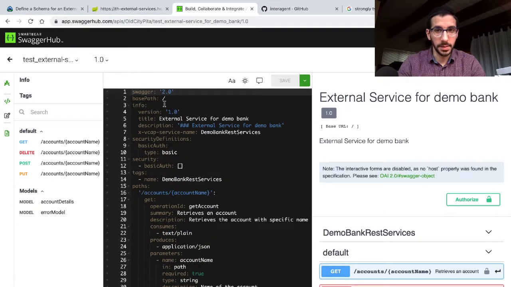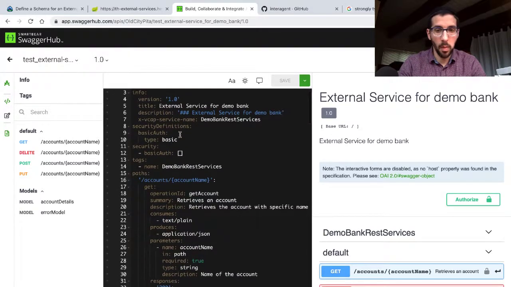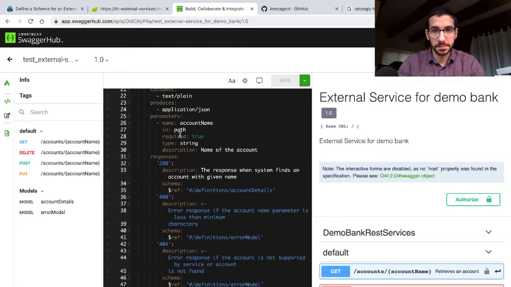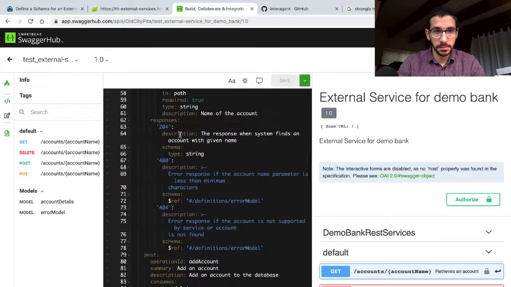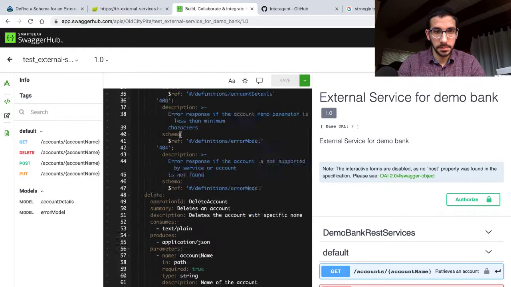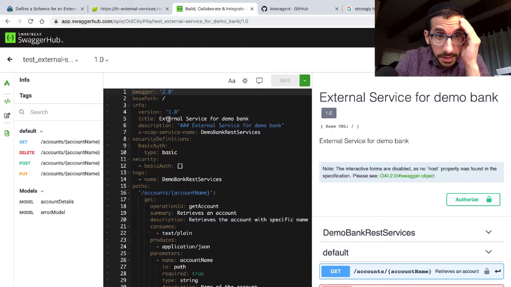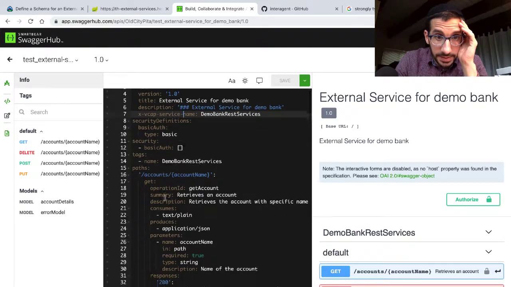Okay, so let's just import this into this editor. Title, external services for demo bank. Description, external services for demo bank. Service name, demo bank REST services. Security definitions, basic auth, type basic. Tags, name, demo bank REST services.